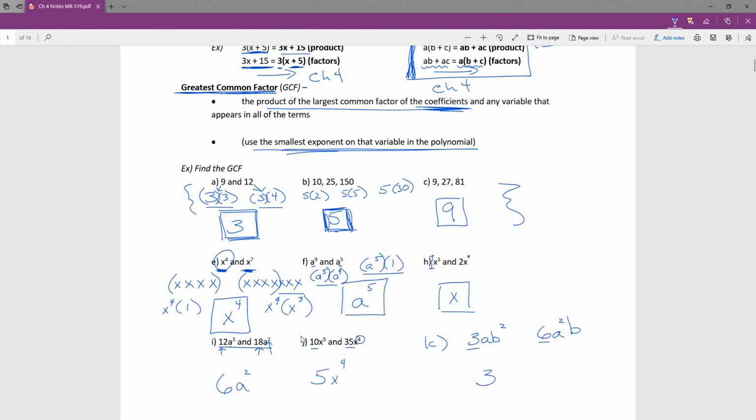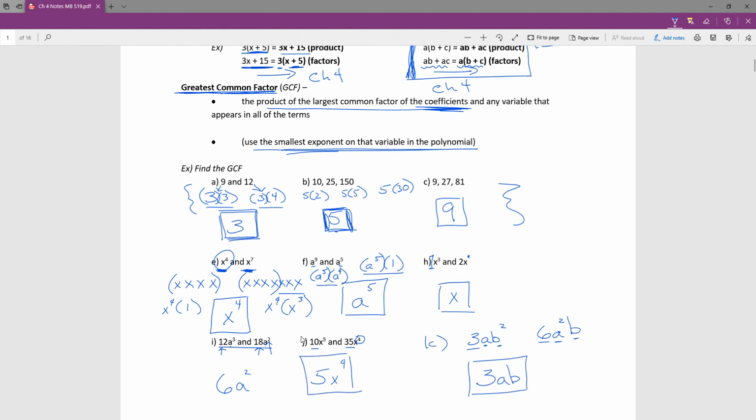And then I go through looking at the variables, and I pick any variables that are common to both terms and the smallest exponent on those variables that I see. So I've got an a here and an a squared here. So that would give me an a to the 1, or a alone, as a common factor to both. And I've got a b squared here and a b here. So a b would also be part of my greatest common factor.